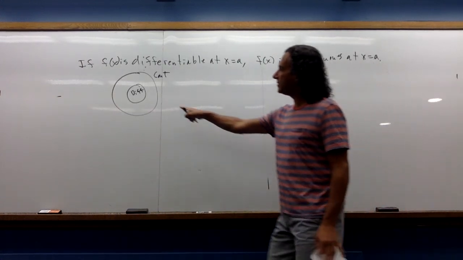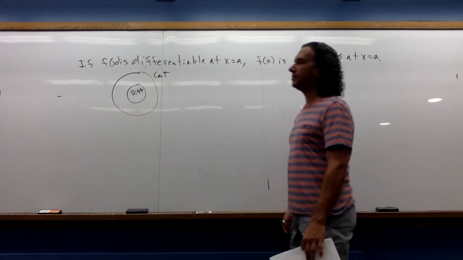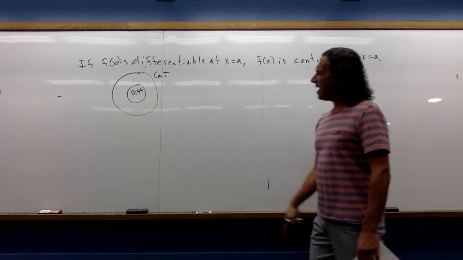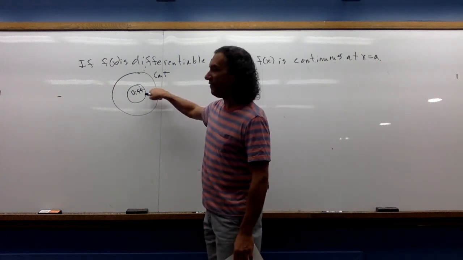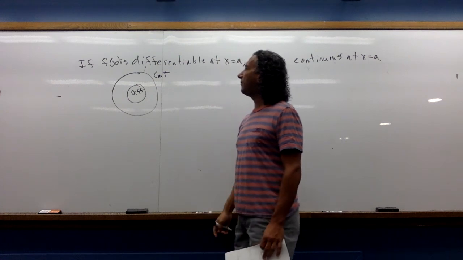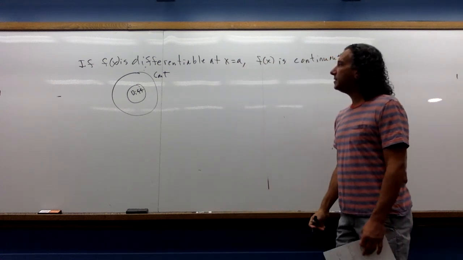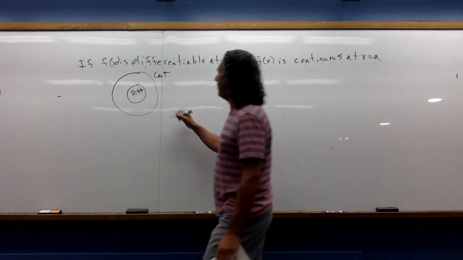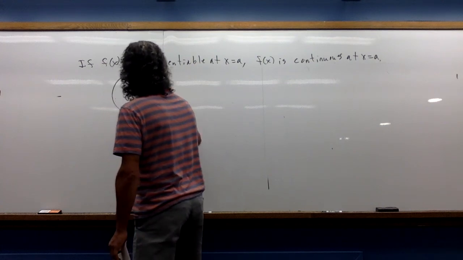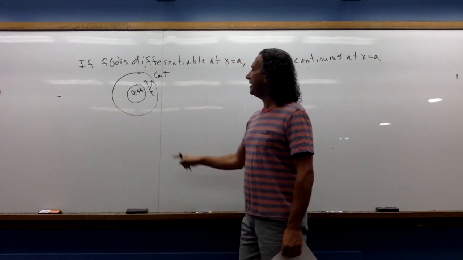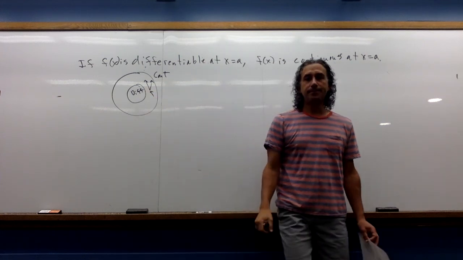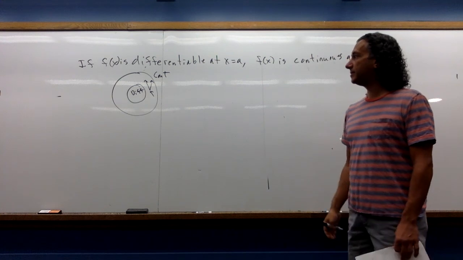Yeah, if it's differentiable, then it lives in the world of continuous functions. Pause the video again and see if you can put a function that lives here, somewhere in the outer ring. Well, hopefully you said, oh, the absolute value at the corner. That's an example of a function that is continuous but not differentiable at a particular point.